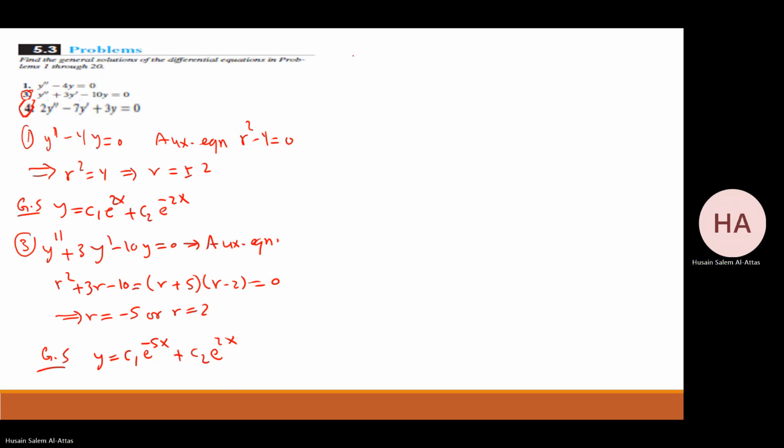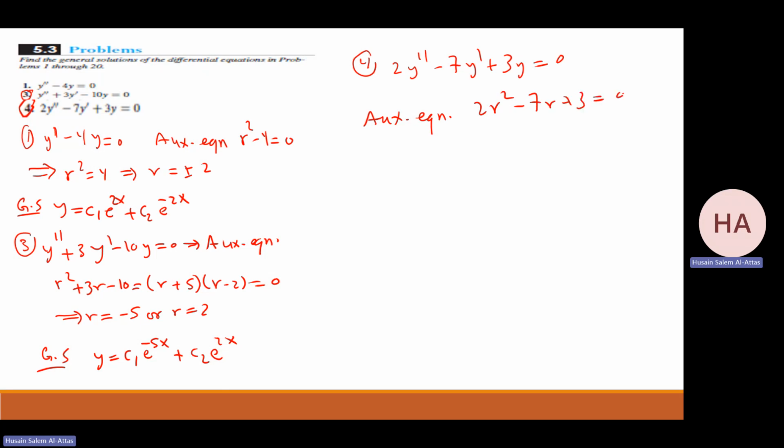Number 4. 2y double prime minus 7y prime plus 3y equals 0. Auxiliary equation, 2r squared minus 7r plus 3 equals 0. Can I factor it? Yes.